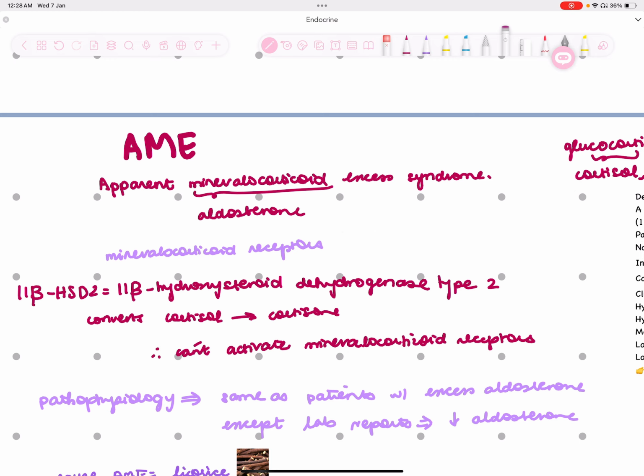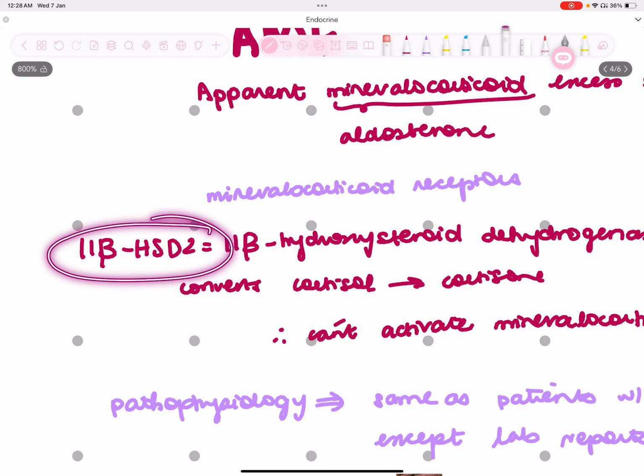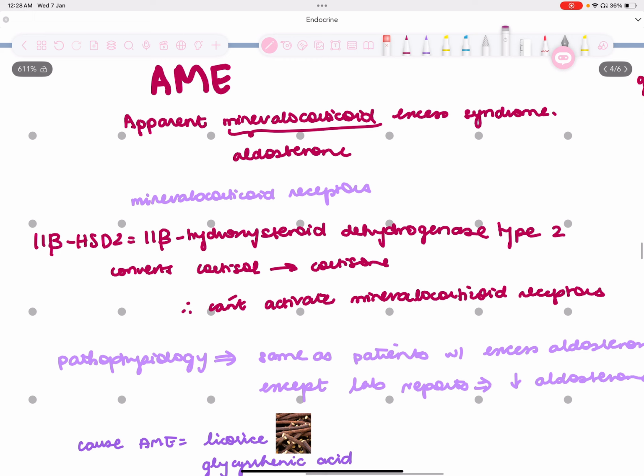But thankfully, our body is designed in a way that it has this very important enzyme. The full form is 11 beta hydroxysteroid dehydrogenase type 2. What does this enzyme do? It's simple. It converts cortisol to cortisone.